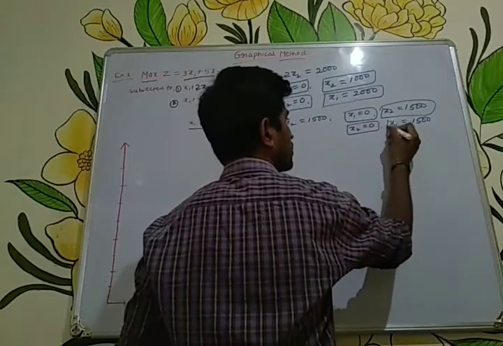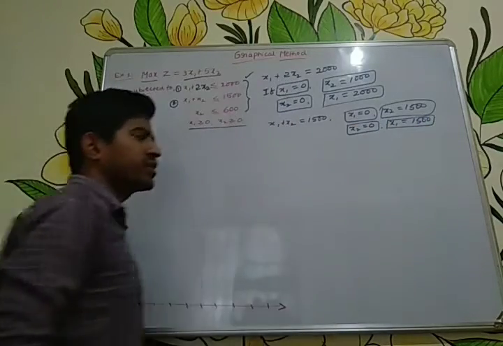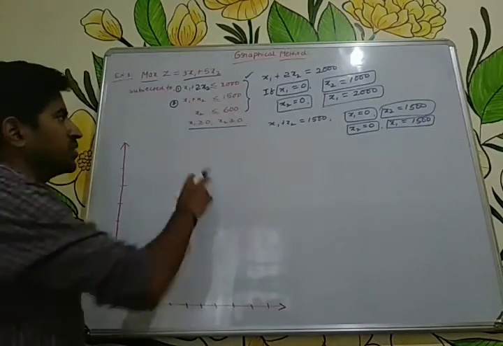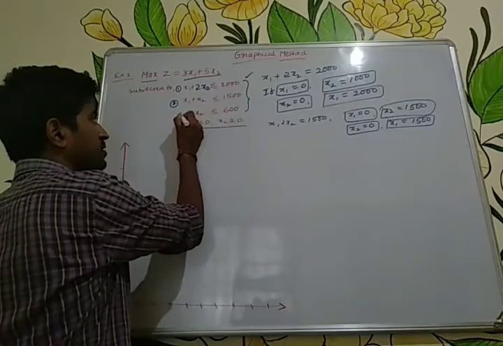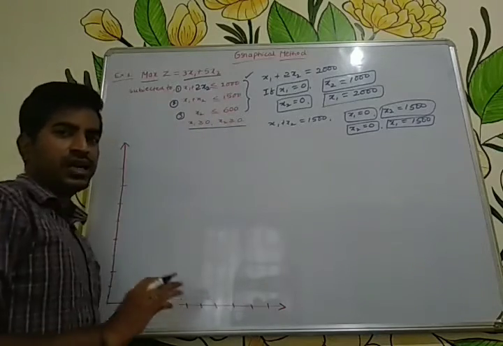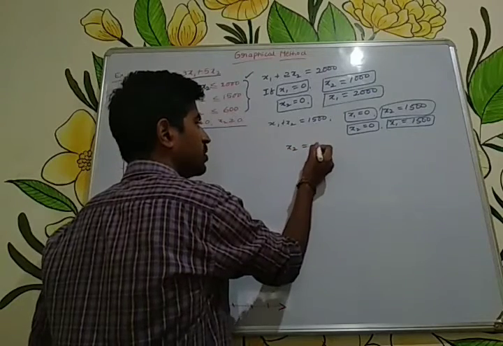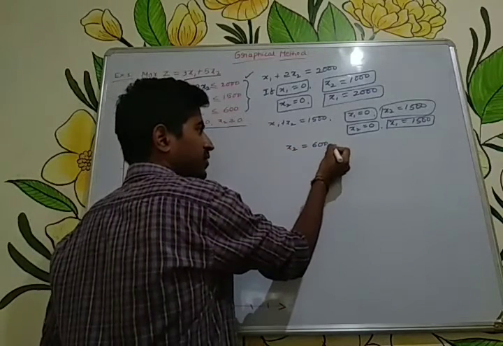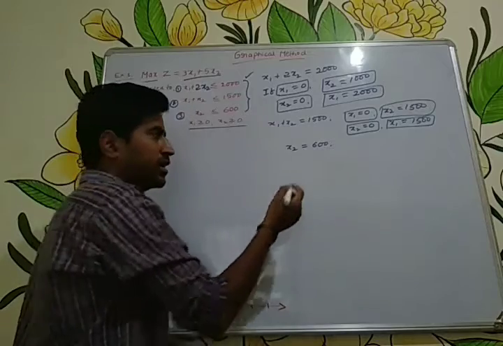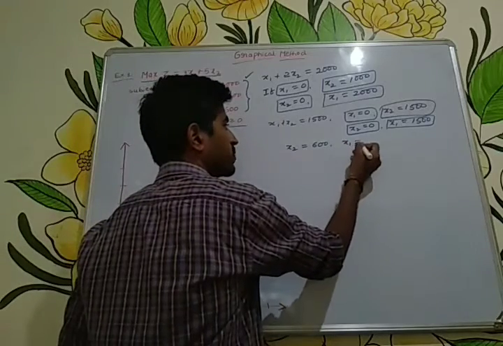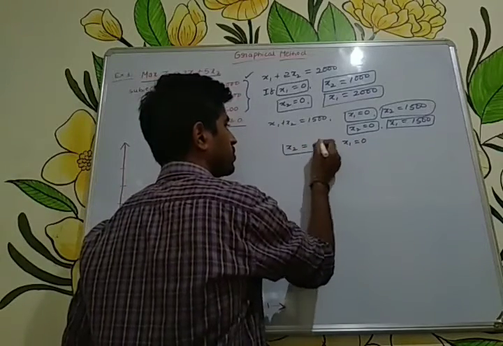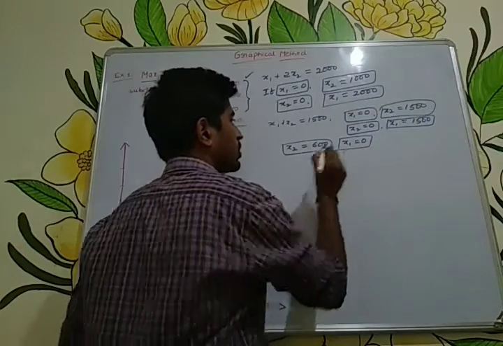Again you have got 2 more values of x1 and x2. And the last one is the third equation, x2 is less than or equal to 600. So here x2 is equal to 600. If x2 is equal to 600, definitely the value of x1 is 0. So again you have got 2 more points.